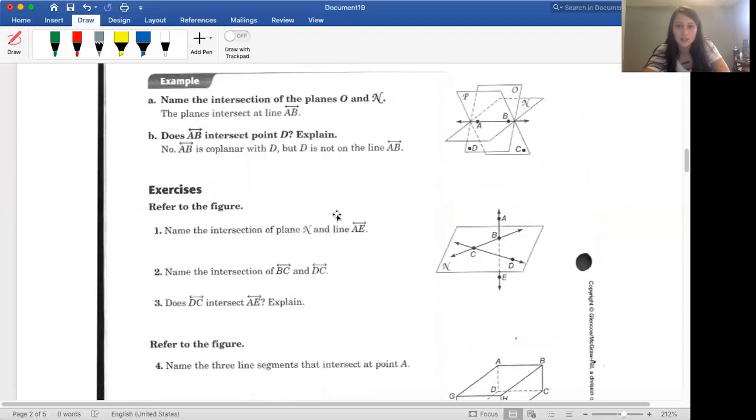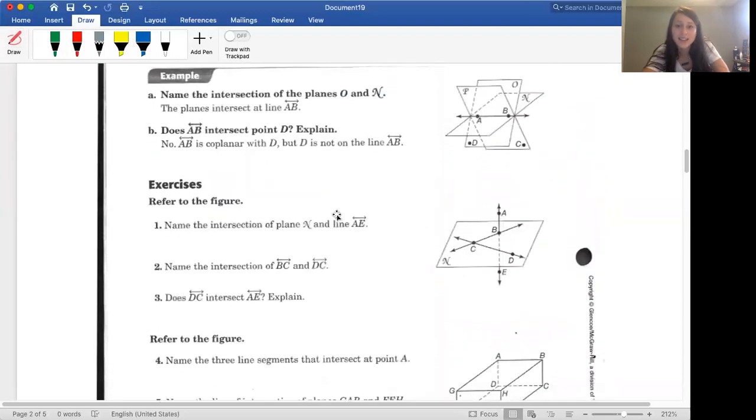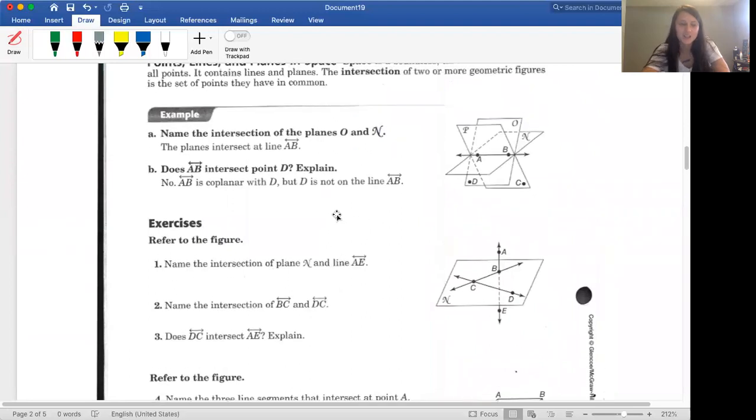Okay, let's take a look here. Now we've got planes that intersect. So what if I have a piece of paper, right? Maybe I just have this little brown piece of paper and this white piece of paper that I used earlier, and they intersect, meaning they cross over.